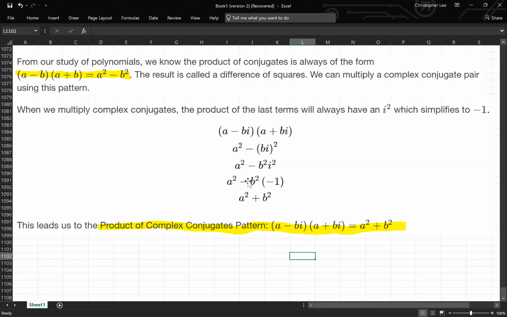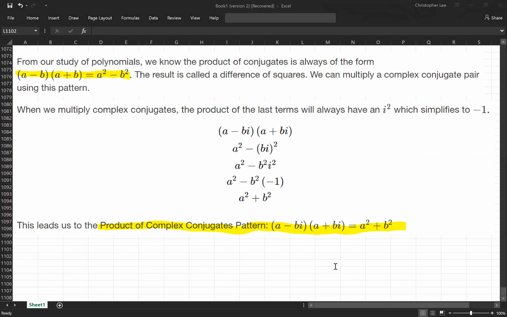A squared minus b squared times negative 1, or a squared plus b squared. So this leads us to the product of complex conjugates pattern. When you have a minus bi times a plus bi, it's equal to a squared plus b squared. That's the shortcut right there.